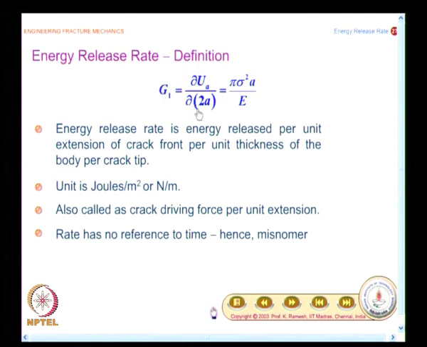This is for a specific problem of a center crack. In fact, the thickness B is also hidden. We would see a little while later a generic expression, in that we would have this as 1 by B dou U_A divided by dou A, and for a finite thickness plate this will modify to pi sigma squared B A divided by E. So, the B will get cancelled, and that is how you will get it.